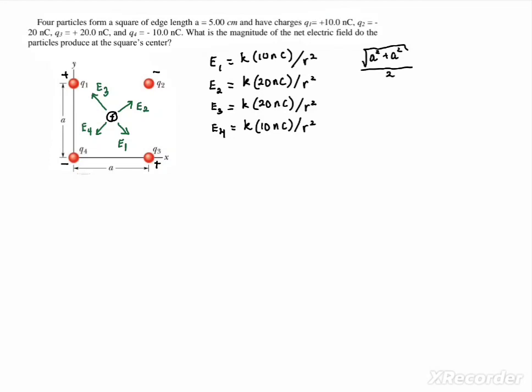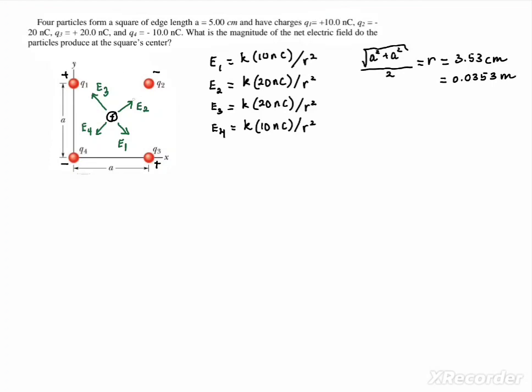So we divide by 2, and that's the value of R. And if you plug in the values, you see that it is 3.53 centimeters. And we need to convert it into meters in our equation later. So let's just write 0.0353 meters.